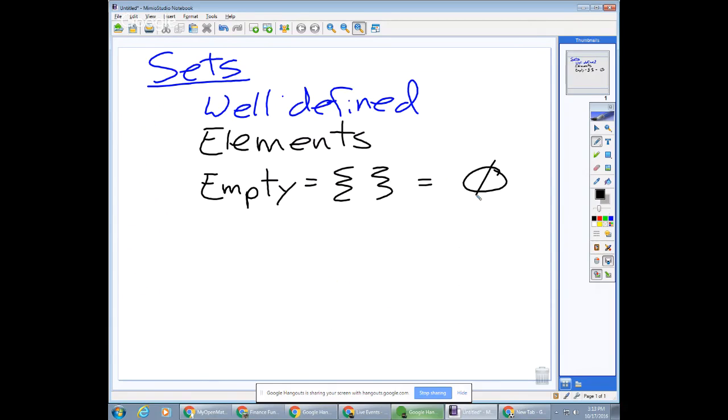When we list the elements of a set, we don't repeat them. We'll get into that when we talk about unions in just a moment. Another thing about sets is that a set will have the attribute of quantity.